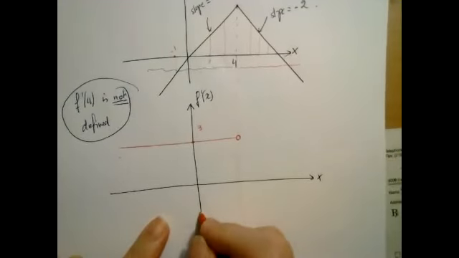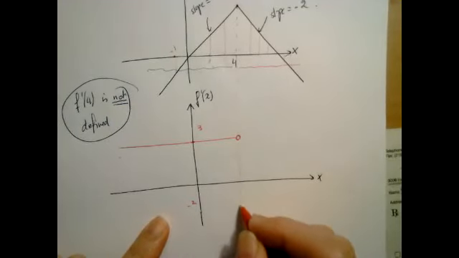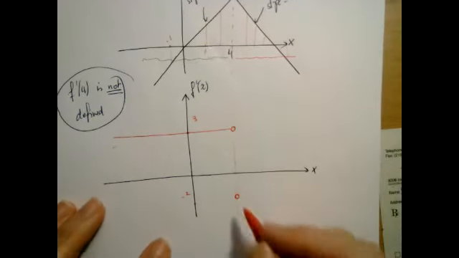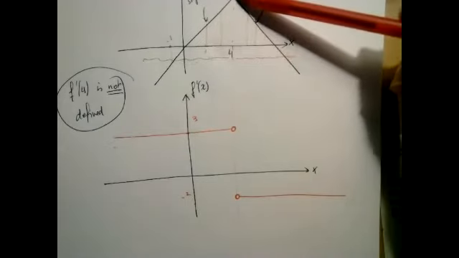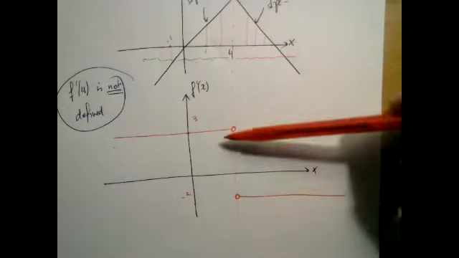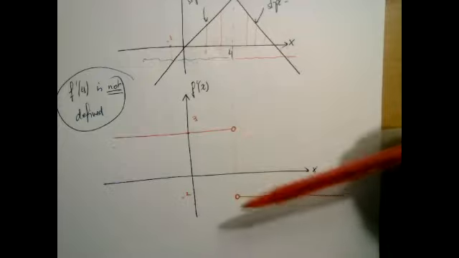So this is -2 in here. Right here, it's not defined. That's how we show that there is none, and then after that, it's -2. And that's how the graph of f prime would look in case we have a corner at a point. In case we have a corner, the derivative is not really defined.